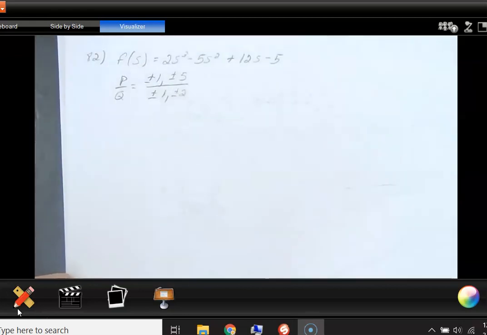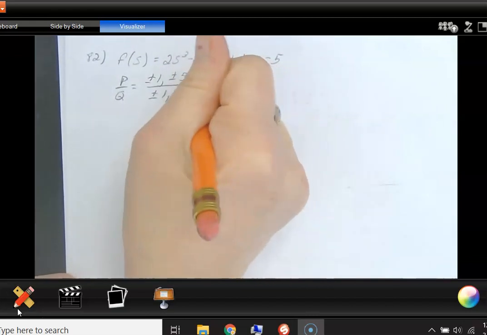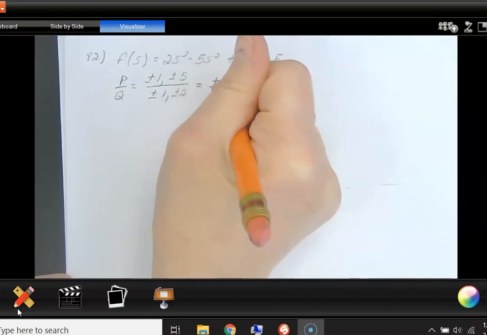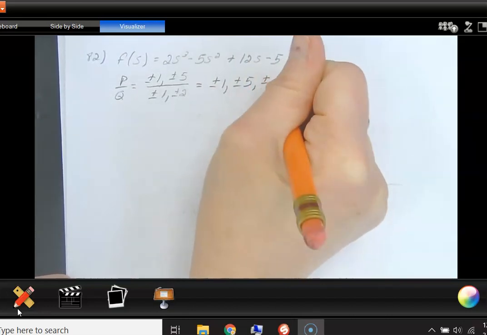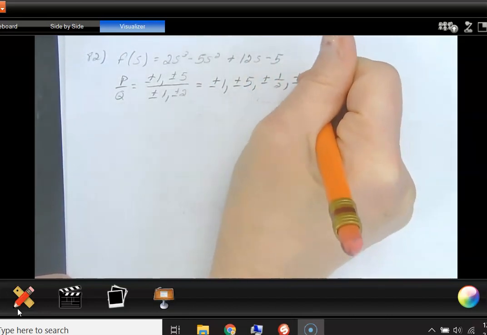and 2. Okay, separate those. Plus or minus 1, plus or minus 5, plus or minus a half, plus or minus 5 halves.